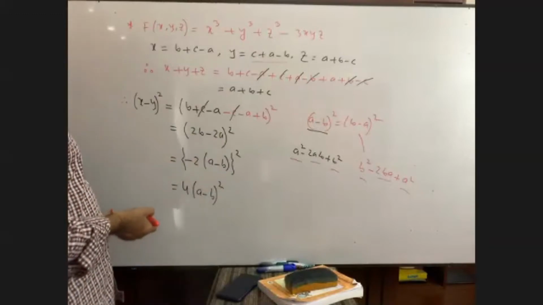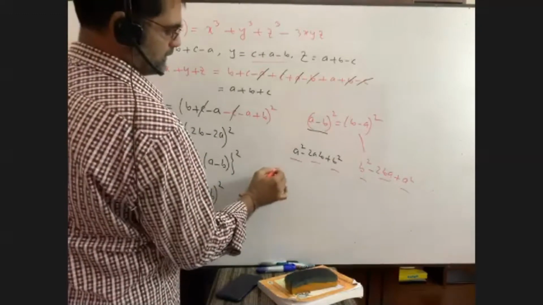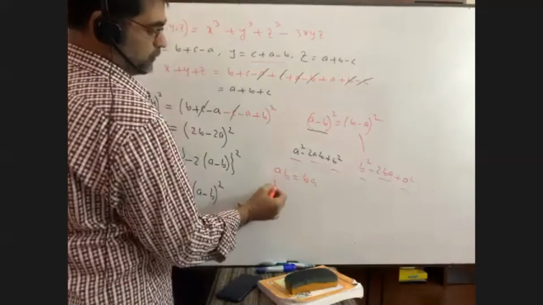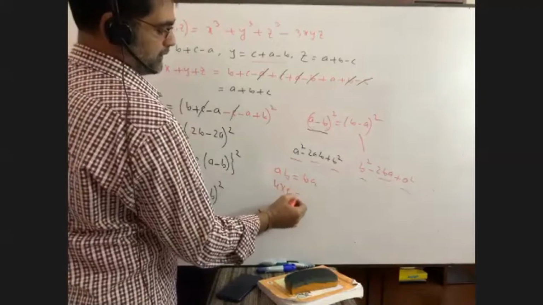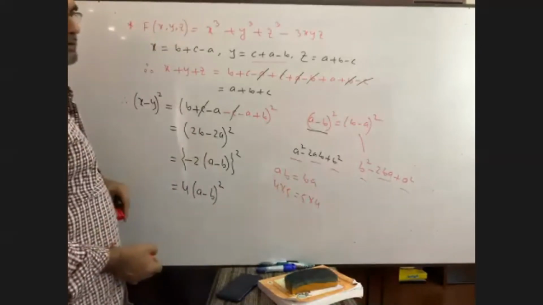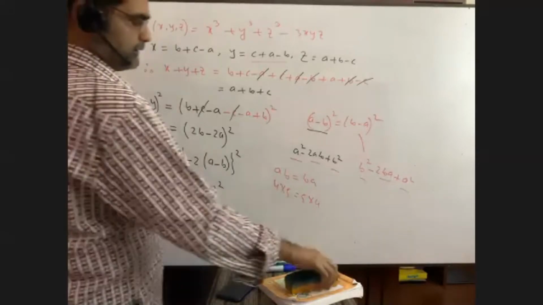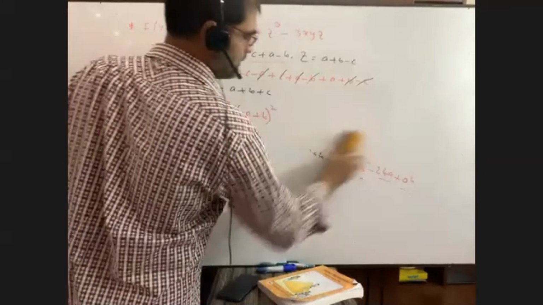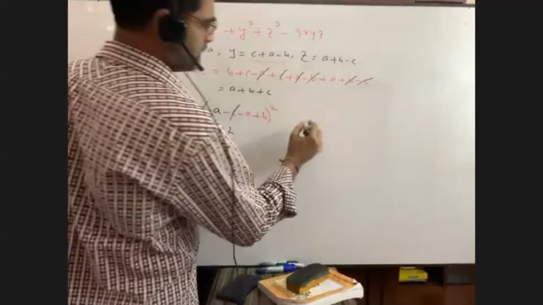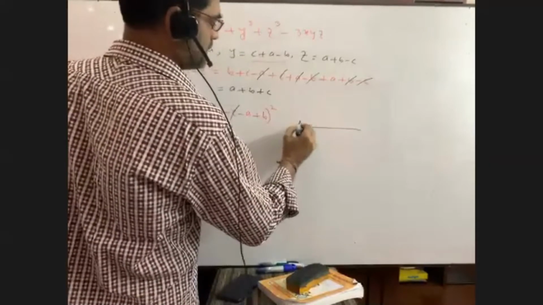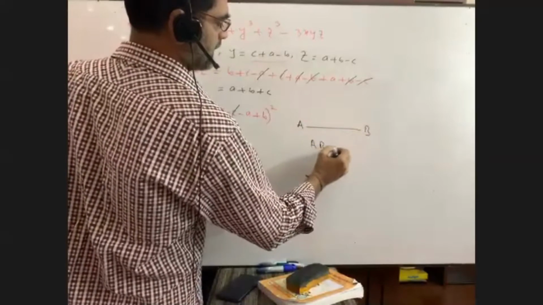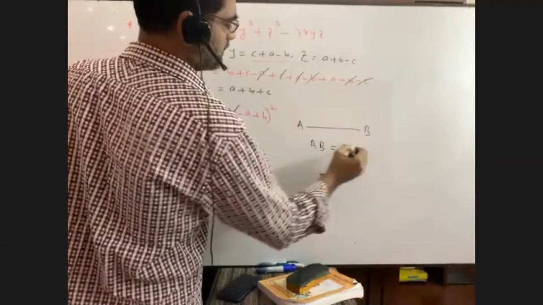Yes, sir. And you know, for algebra, ab and ba are the same, like 4 into 5 is equal to 5 into 4. Even for geometry, AB and BA are the same.